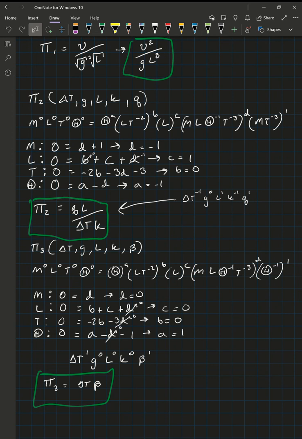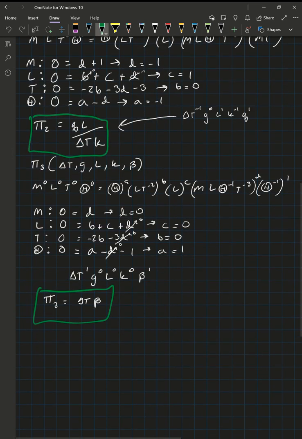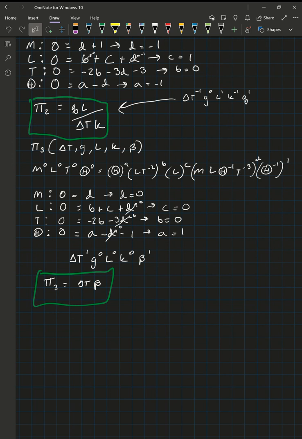Pi group 2 does not have G and does not have beta in it. Pi group 3 does have beta in it. So now we essentially need to just take pi group 1 and 3 here to answer the question.